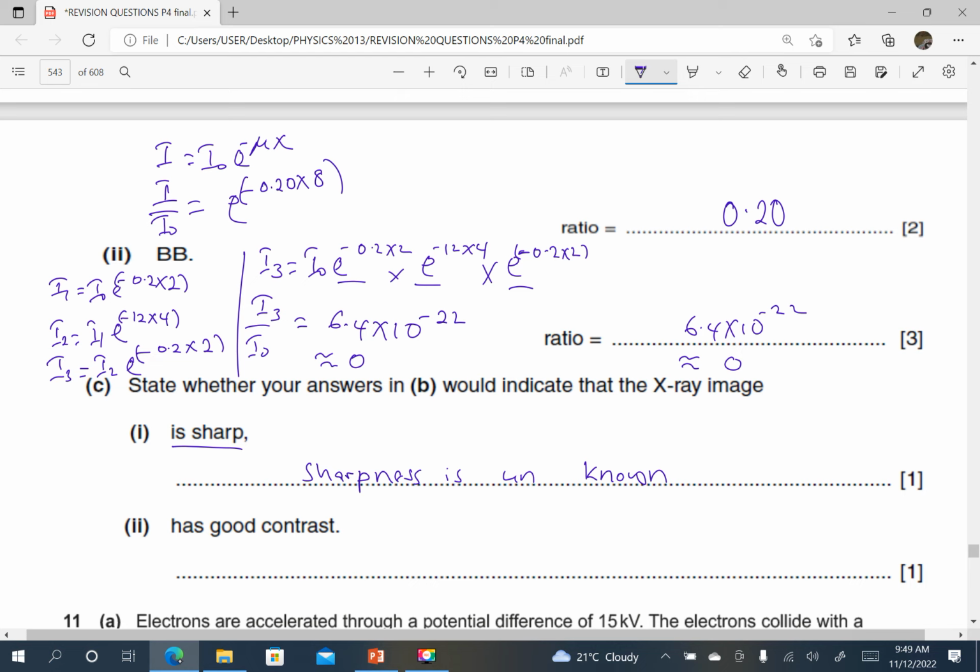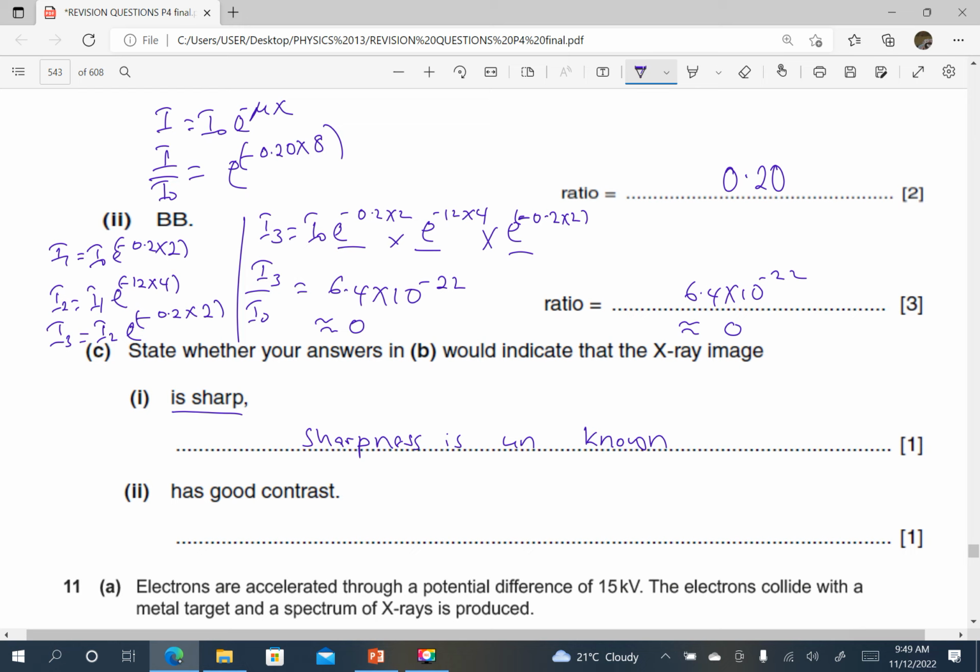Then good contrast. I think contrast is good because if there is soft tissue, the intensity going through is very high, the ratio is very high. And when there is bone, the ratio is very small. So there's a high difference in the degree of blackening caused. So here we shall say the contrast is good, or you just say yes.